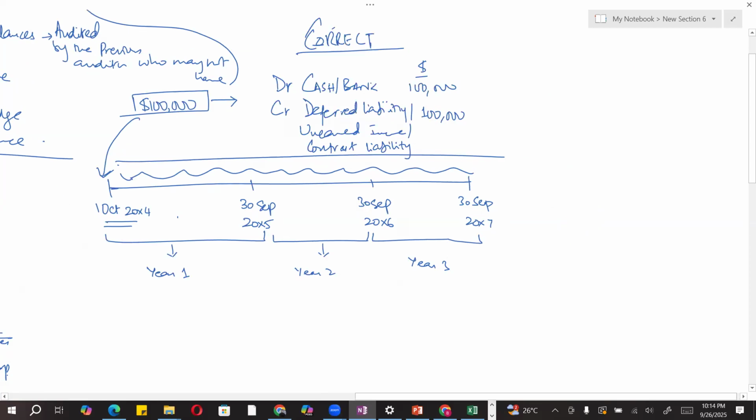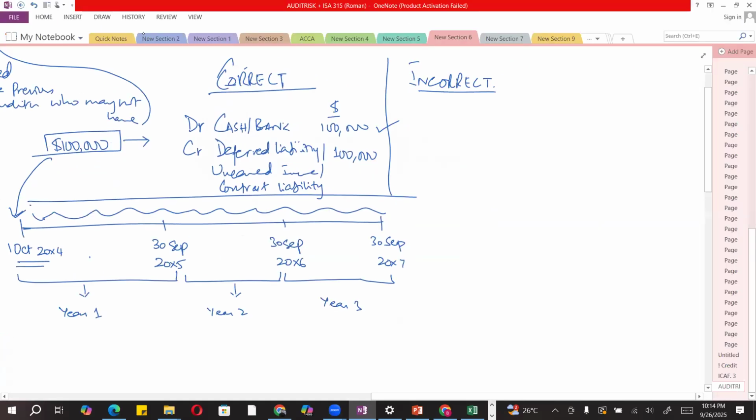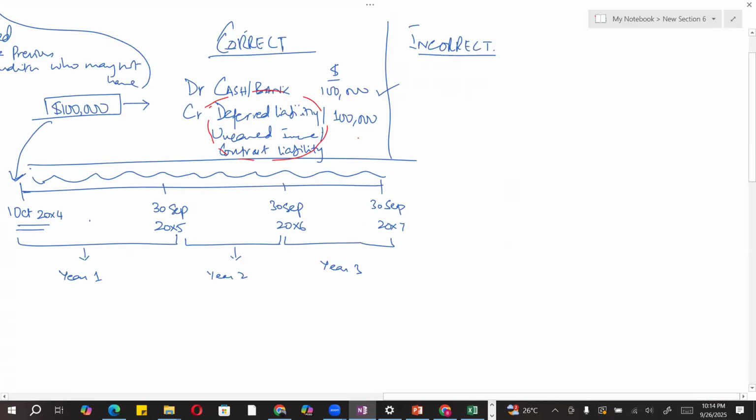But just imagine, what could go wrong? There is a possibility that the client records the debit entry correctly, because that's relatively straightforward. But there's a possibility, and that is why we call it a risk, that instead of crediting deferred liability, they credit the revenue number.